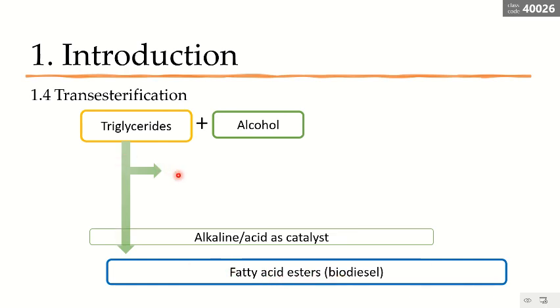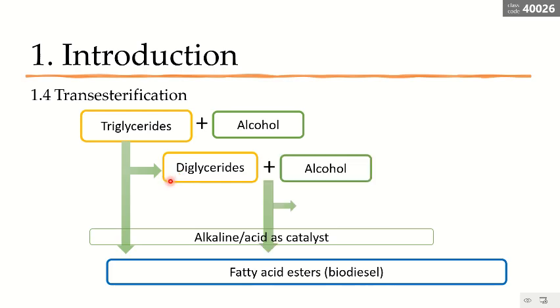One more product here is diglyceride. And this diglyceride can react with another molecule of alcohol. Further, with this catalyst, they also form this biodiesel fatty acid ester here and reduce one more group, from tri to di to mono.